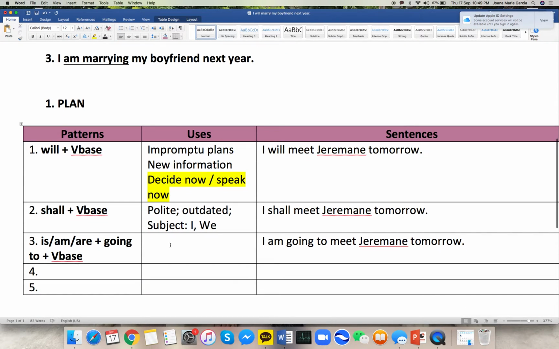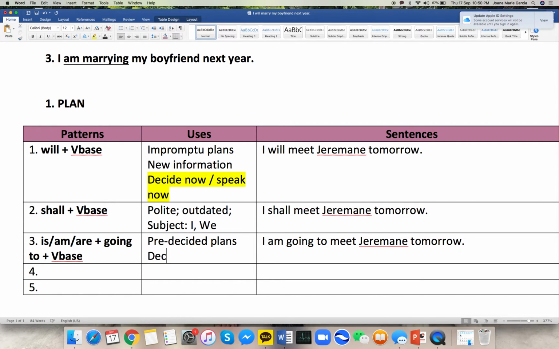But for this case, for example, I'm going to tell you, let's have dinner tomorrow. But you're going to tell me, I'm sorry, I'm going to meet Jermaine tomorrow. So I'm asking you now for dinner, but you're telling me something that you have planned before. So this one is used for pre-decided plans. What does it mean?